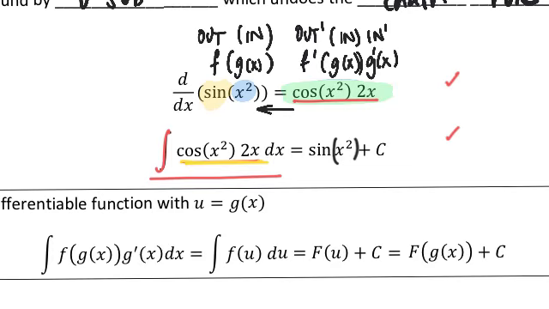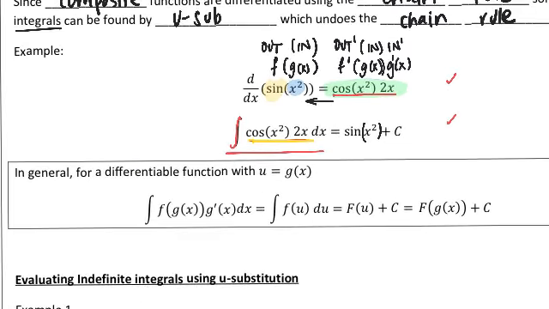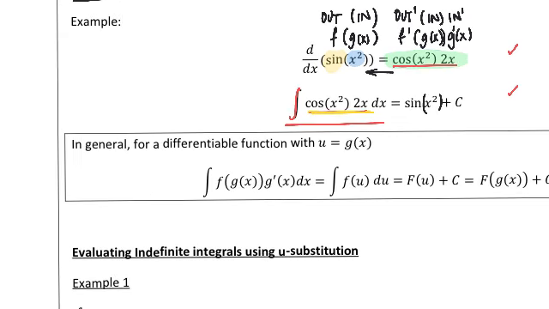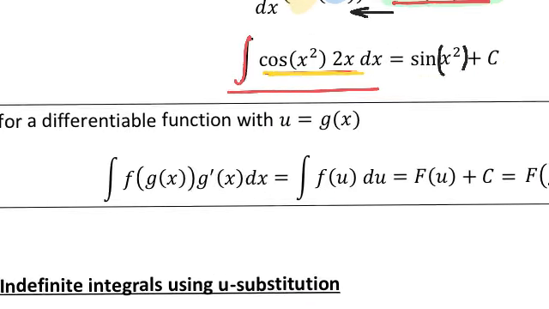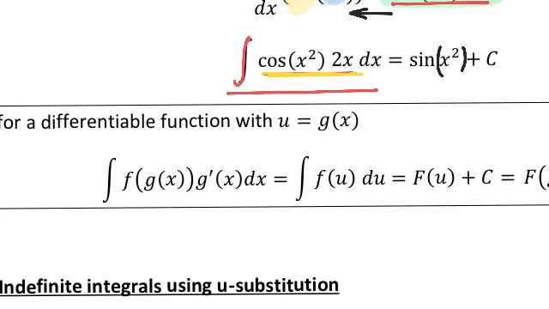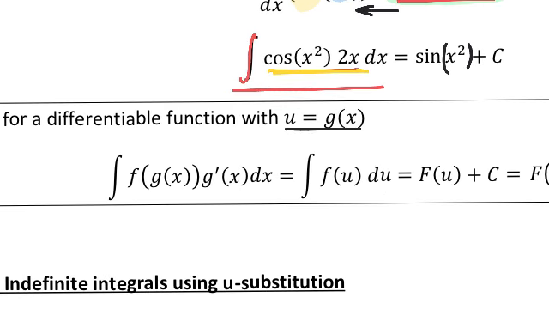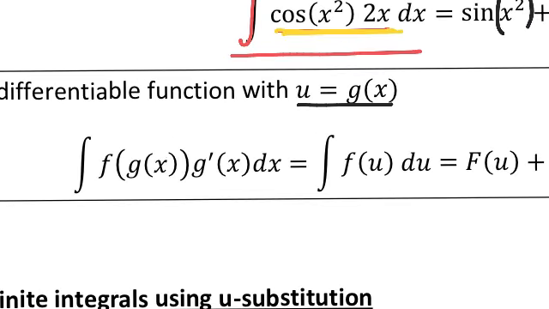But normally you may not be able to see that just looking at an integral, and this is where the U substitution is going to come in handy. So in general, if we have a differentiable function and u is equal to g of x, then we can take the integral of f of g of x times g prime of x by using a U substitution. We're going to substitute this inside function and call it u.